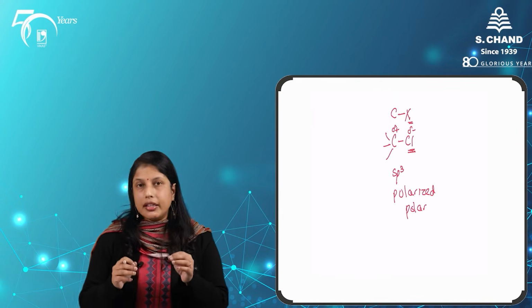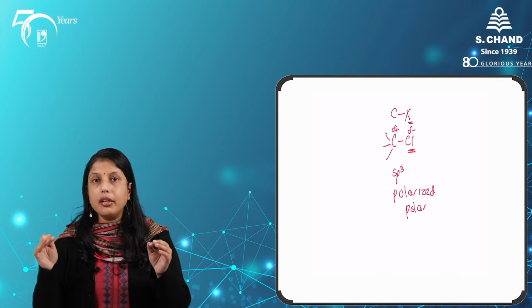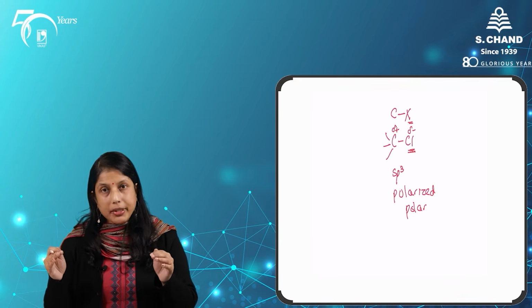Well, remember, most of the reactions of our alkyl halides will involve breaking of this carbon halogen bond. So, remember that our carbon halogens are going to be polar. So what happens?